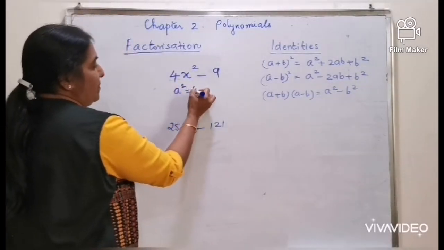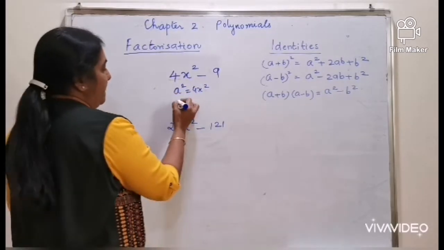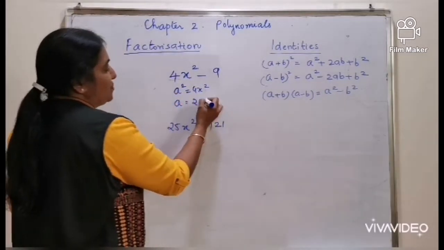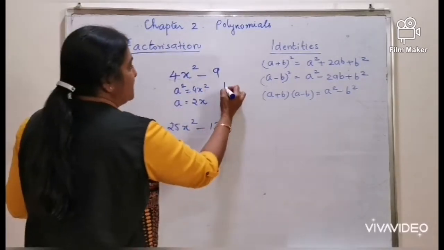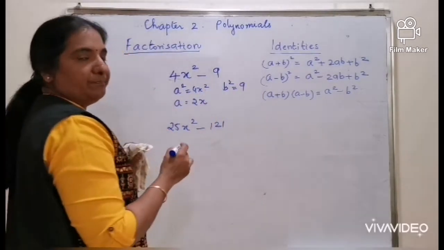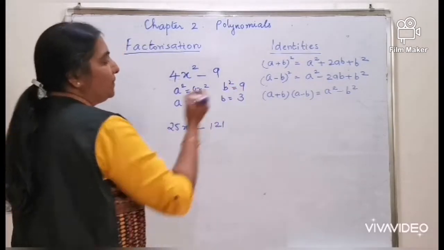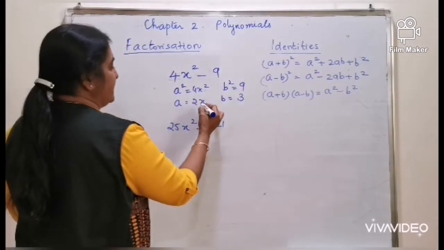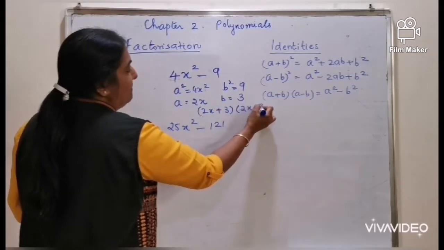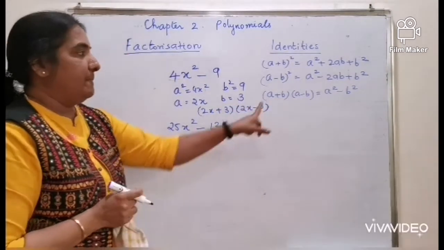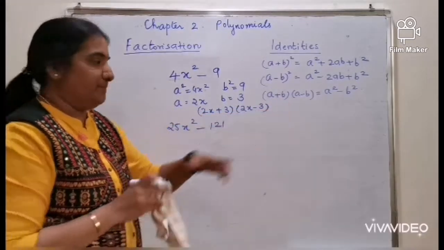A square is equal to 4x square. A is equal to square root of 4x square, which comes as 2x. B square takes the value 9. B takes the value 3. Thus, the factorization is (a plus b) into (a minus b) by applying the third identity.